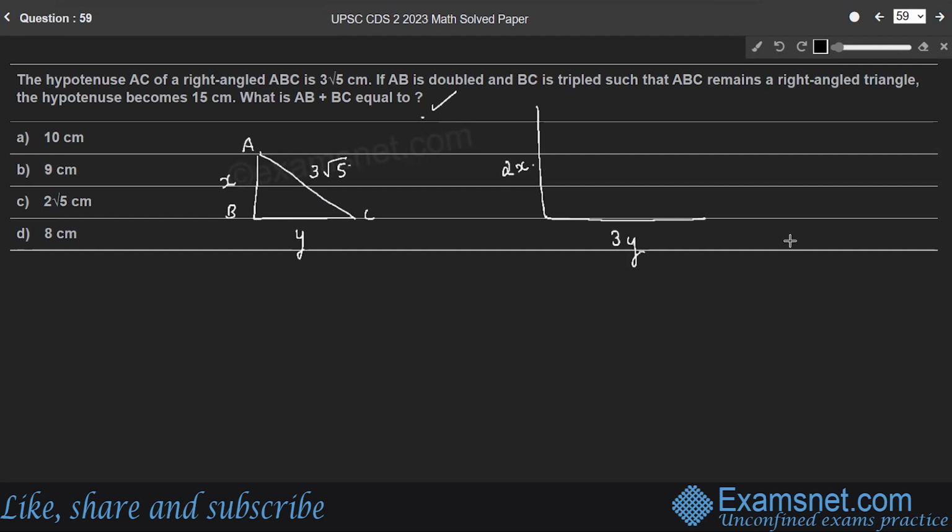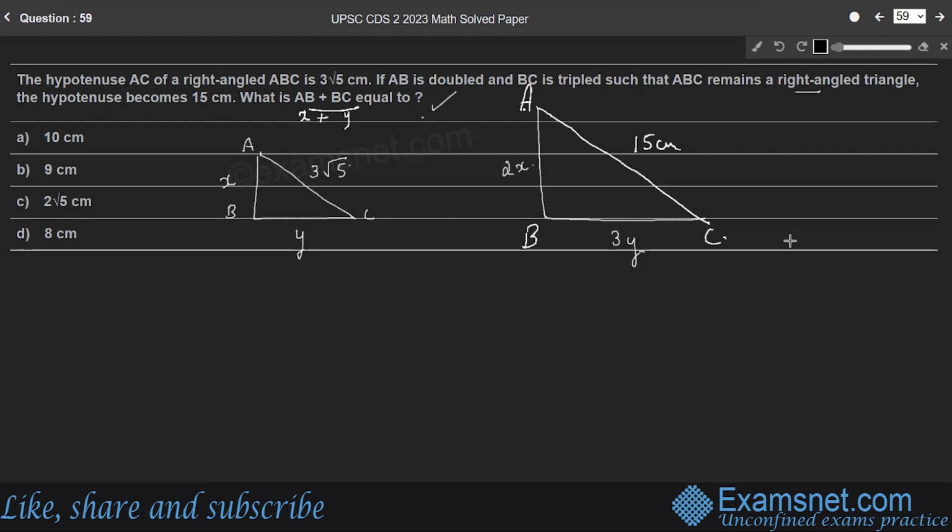In the new triangle, ABC remains a right angled triangle and the new hypotenuse becomes 15 centimeter. What is AB plus BC equal to? The original AB and BC are X and Y. So what is X plus Y equal to?